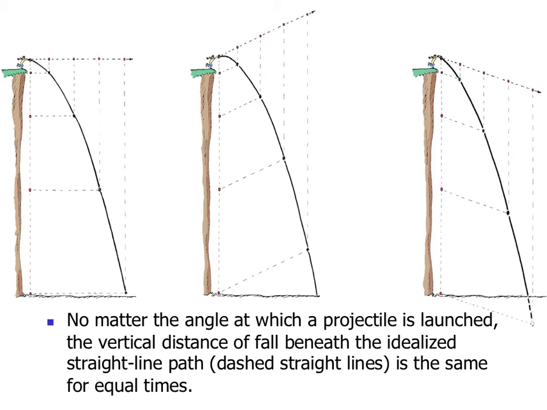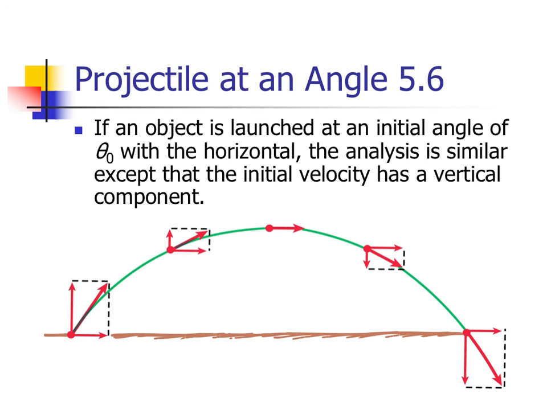Okay? Now, if an object is launched horizontally, the angle at which it is launched is going to be similar, dare I say the same, as the landing angle that we have.